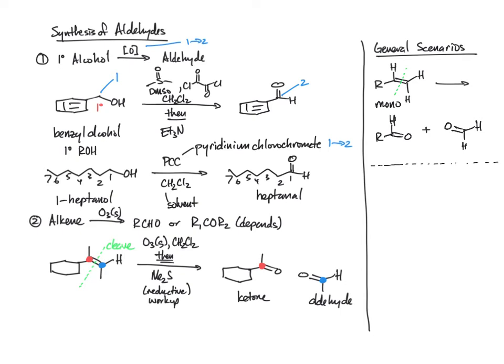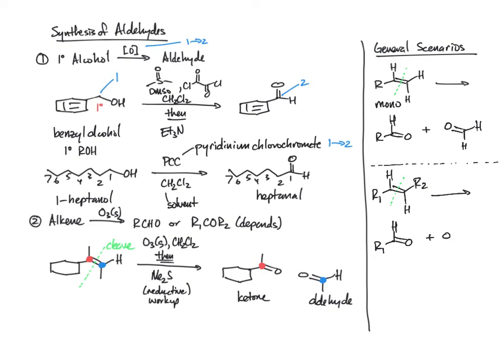What about a di-substituted alkene? We'll say R1, H, R2, H. So we're going to clip. We end up with R1H, so we can see that's going to be an aldehyde.